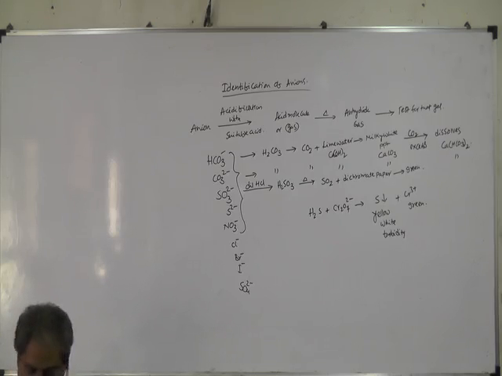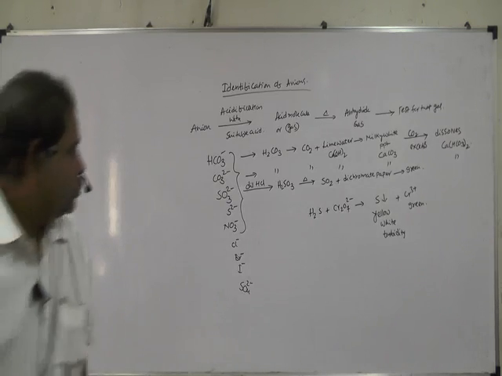We can use ozone also. Any oxidizing agent. And you underline that's done in basic medium. Acidic medium में reduction होता है, basic medium में oxidation होता है. Chromite rock.